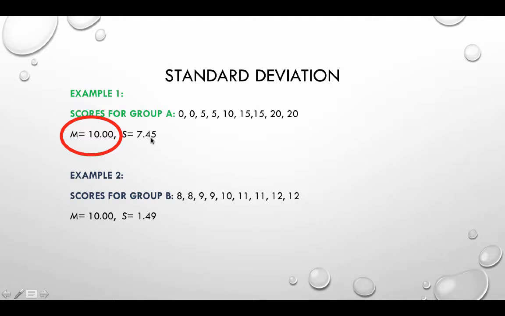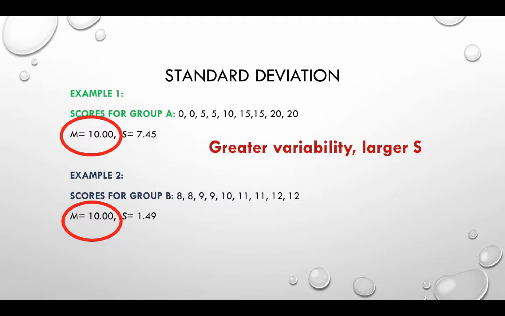For example 2, your mean score is 10 again. Your standard deviation is 1.49. So notice, greater variability, larger the S. This one is from 0 to 20. This one is from 8 to 12.